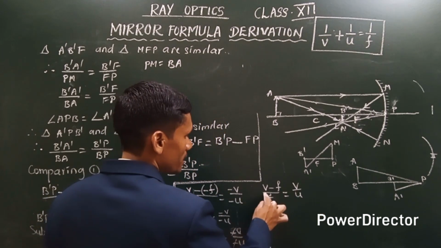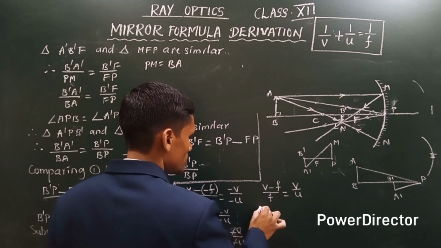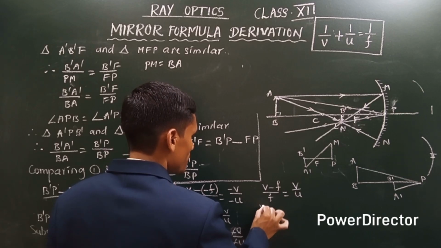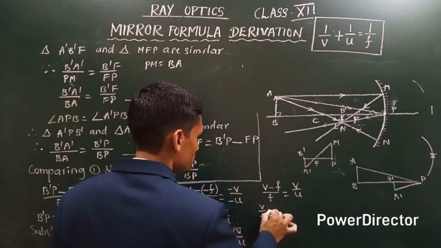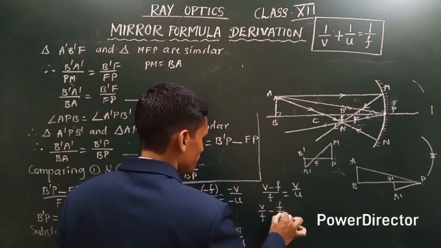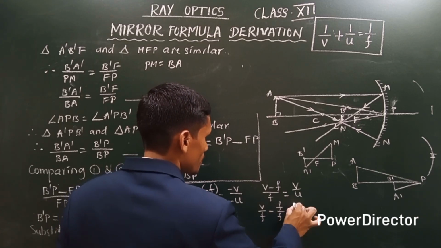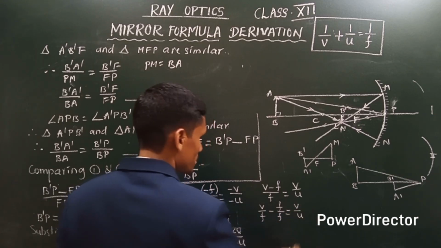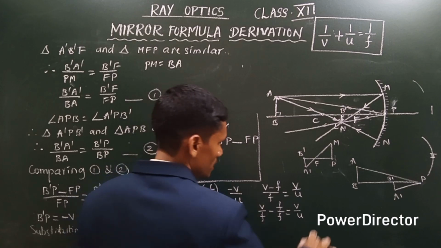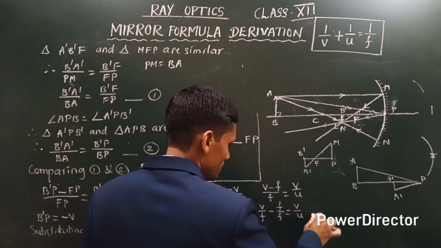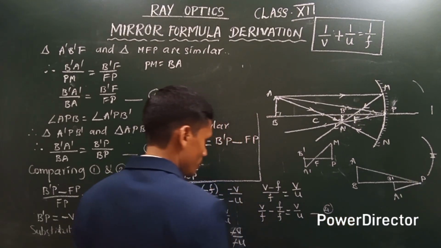Now what you have to do is separate these terms. If you separate, we get v by f minus f by f is equal to v by u, okay? Let us call this equation 4, no problem.